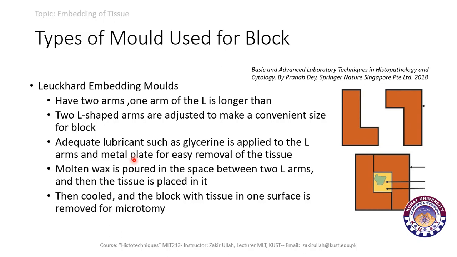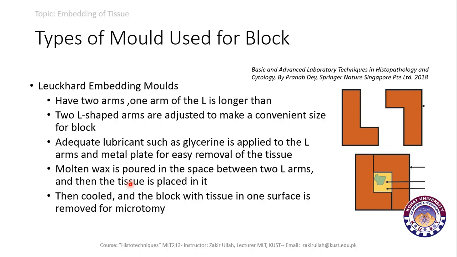Before embedding the tissue in these Leuckart embedding molds, first a lubricant, for example glycerin, is applied to the arms of the molds and the metal plate, so that they can be easily removed and the tissue can be easily separated from these molds.